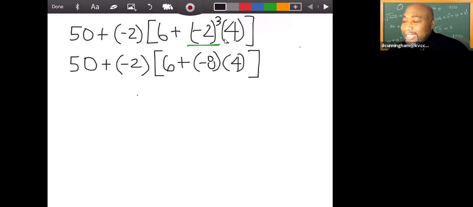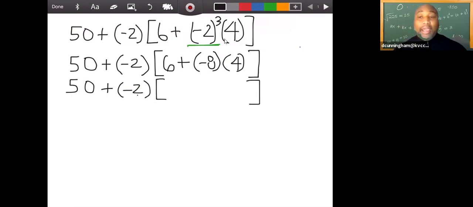I'm still working inside the parentheses because I'm not done, and inside I'm using the order of operations again. We have 6 plus -8 times 4. The multiplication comes before addition, so we write down 6 plus, and then multiply -8 times 4, which is -32.